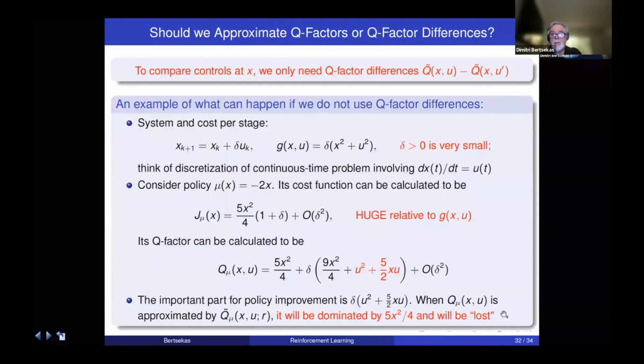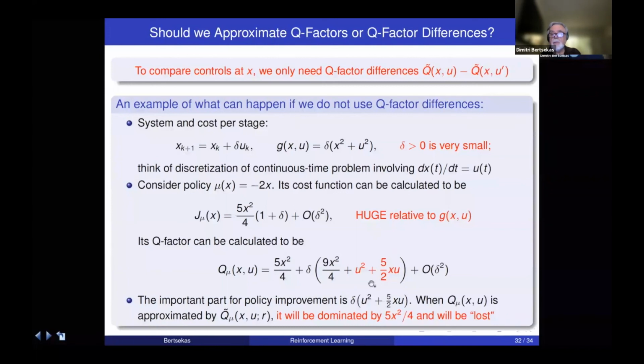Now, what is the remedy for this? Well, it goes back to the question I've asked here at the top. Do we use cost? Do we approximate Q factors or Q factor differences? If we take this Q factor difference, this term here, which bothers us, which is disproportional to the rest, is going to be subtracted out. So it's not going to play at all.